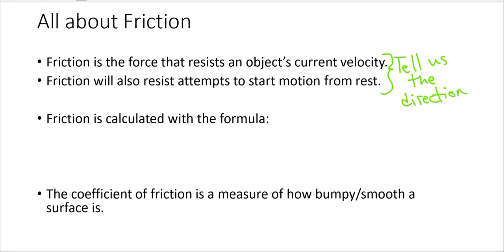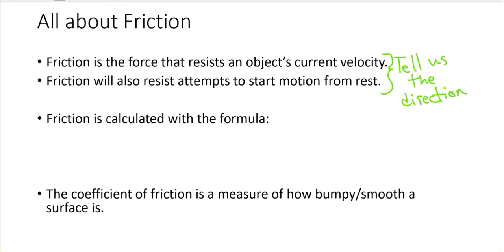If we keep this in mind, we always know which direction the friction is going to go, because if it's moving, it's going in the opposite direction it's moving. Or if it's currently at rest and somebody's trying to move it, friction is going to try to stop that. So friction will always resist the direction of motion or the attempt to start motion, right? So that's what those statements are about.